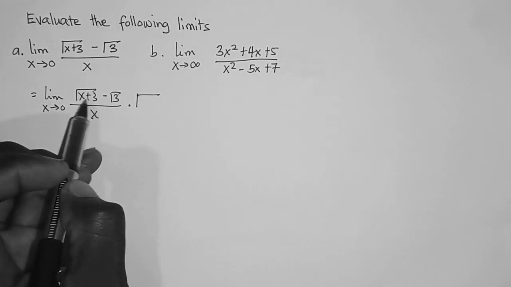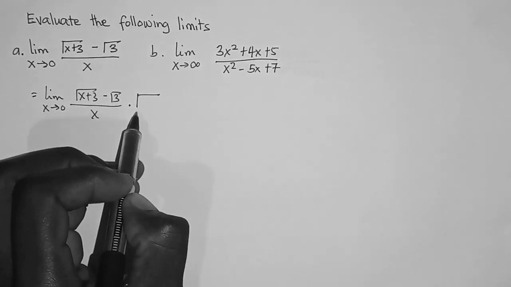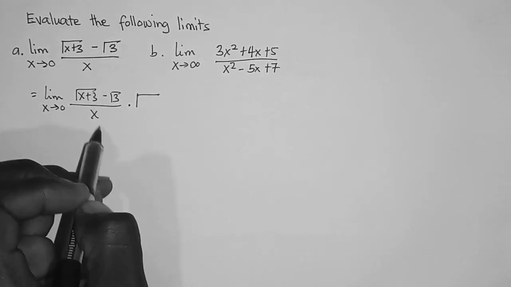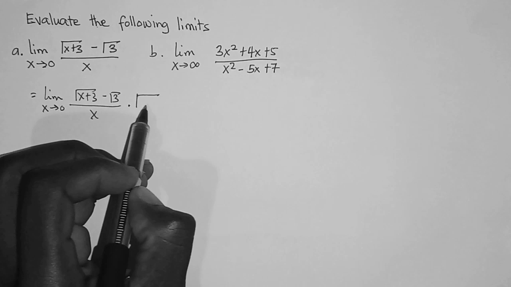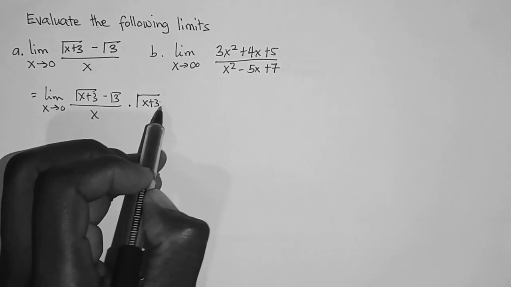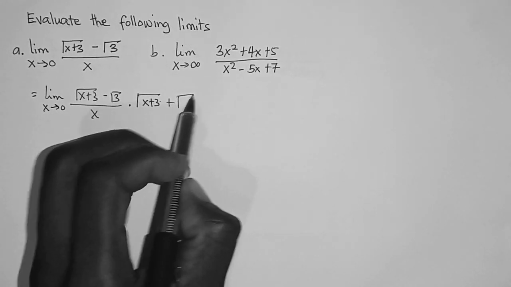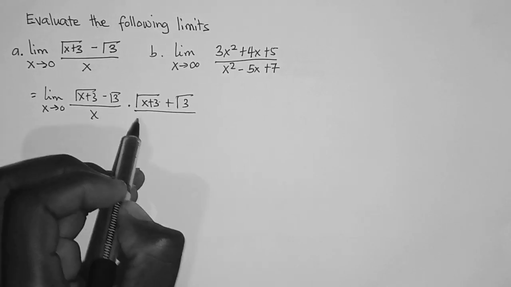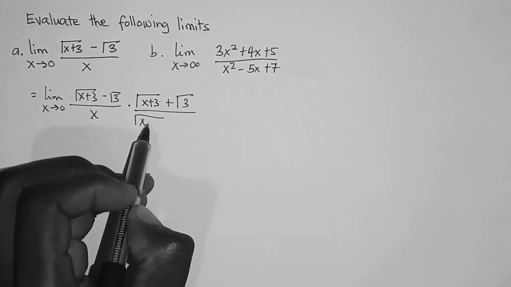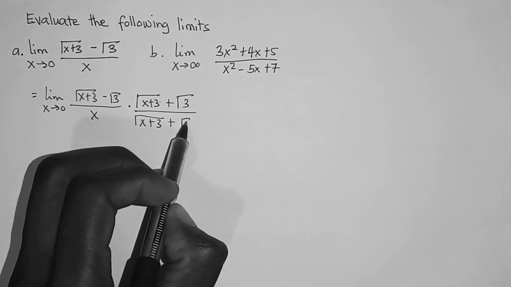So if you rationalize, you just find the conjugate of the numerator and multiply both the numerator and denominator by the conjugate. This becomes root x plus 3 plus root 3 divided by root x plus 3 plus root 3.